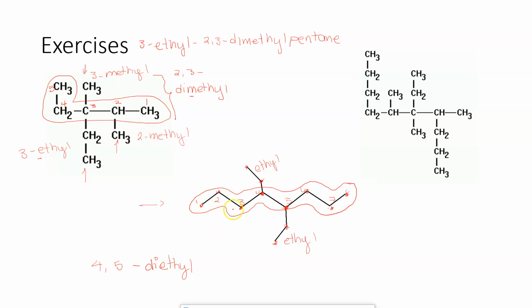And my main chain has 8 carbons. So this is an octane, right? Once again, commas between 2 numbers, hyphens between numbers and words, and at the very end, nothing.